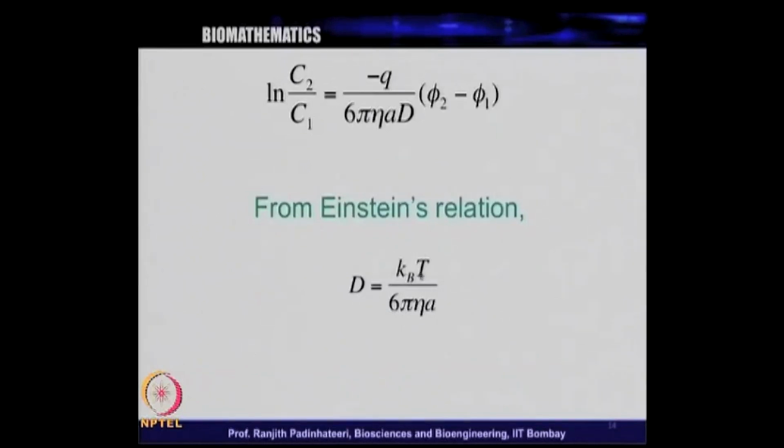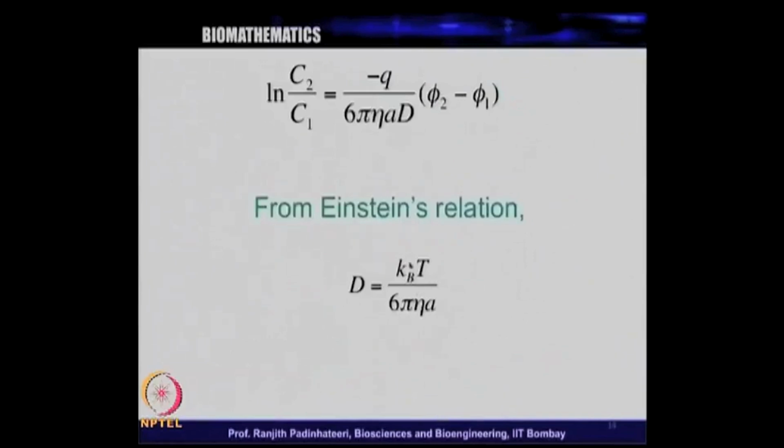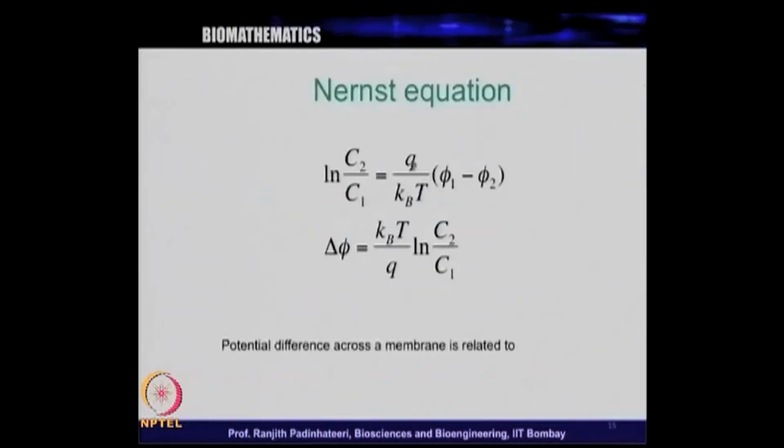So, if you just borrow this relation and substitute here for this particular D, you will get that ln C2 by C1 is Q by KBT, because as you can see here, D is KBT by 6 pi eta A. So, if I substitute here, the 6 pi eta A will cancel, and you will end up with this equation, Q by KBT into phi 1 minus phi 2.